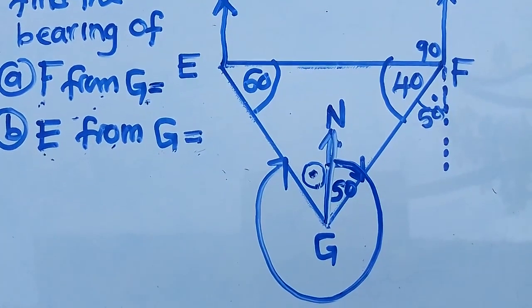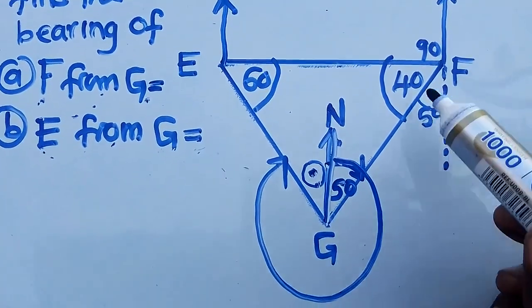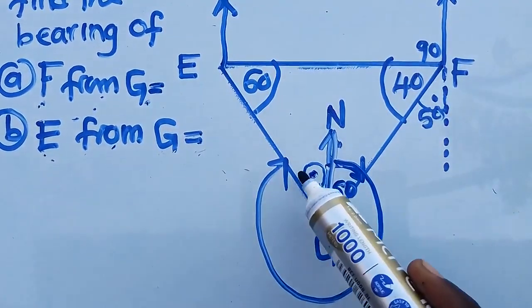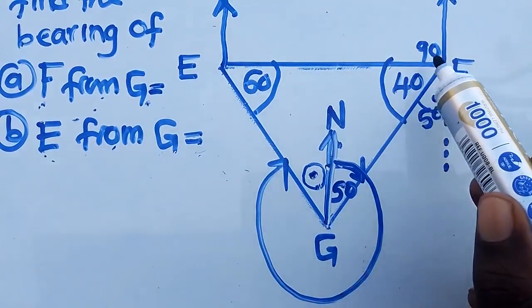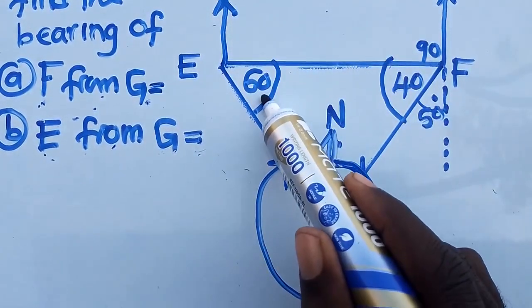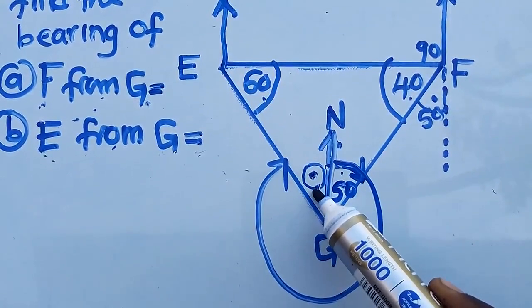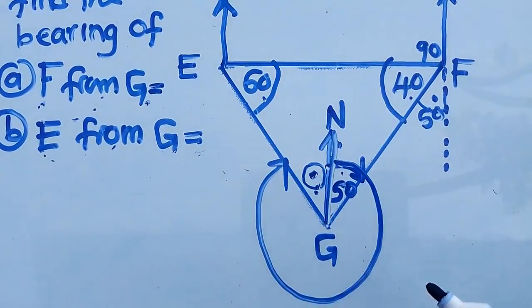That is a definite thing. I'm concentrating on this triangle here. When I add this one, that one, this one, plus this one which I don't know, I should get 180.